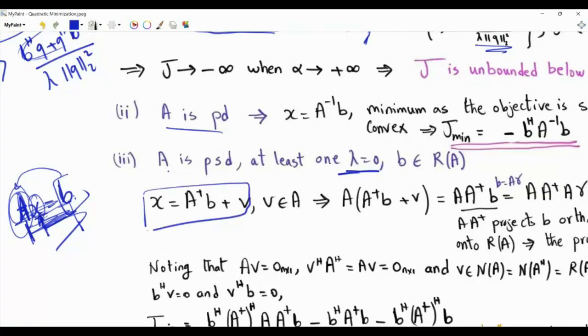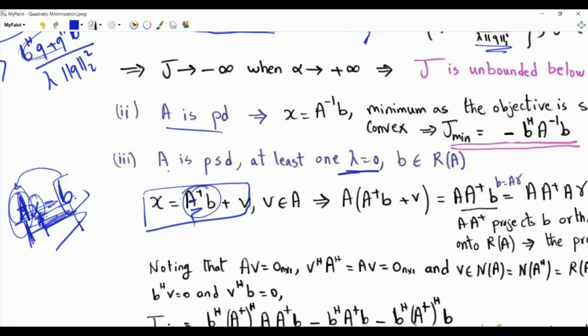And so this is the general solution. X is not, of course, the inverse of A, because the inverse is not defined here, because A is singular. But X is the Moore-Penrose pseudo inverse of A times B, and then we can add to this quantity any vector from the null space of A. Note that since A is singular, its null space is non-trivial, so it is not just the all zero vector.